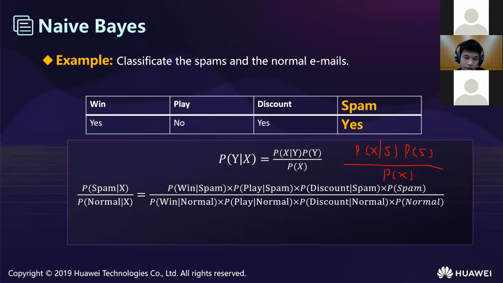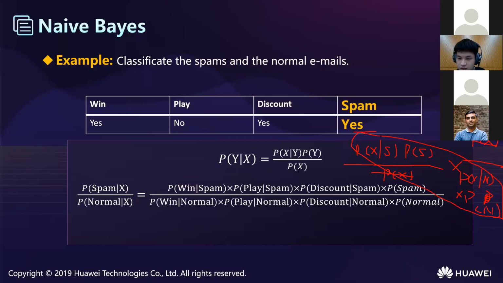And we need to divide by p of normal given x, which is p of x given normal multiplied by p of normal. So here we can ignore the probability of x. Can you understand? Yes. Okay, so we only need to calculate this part.